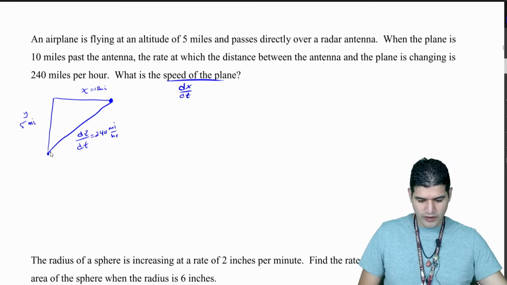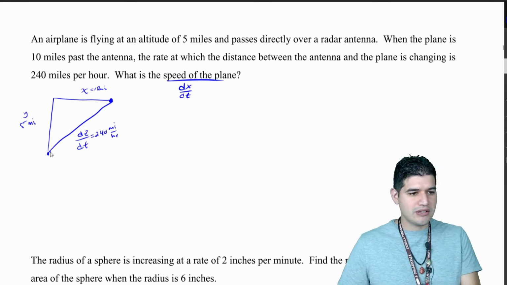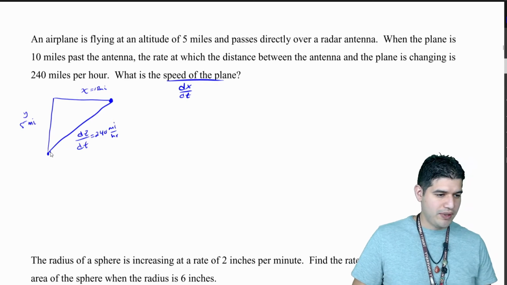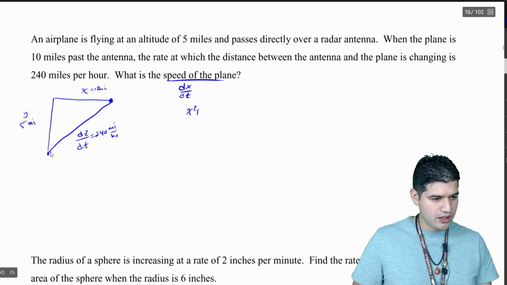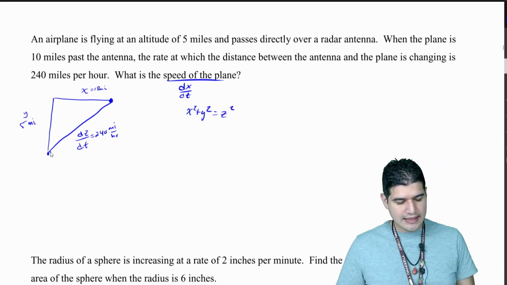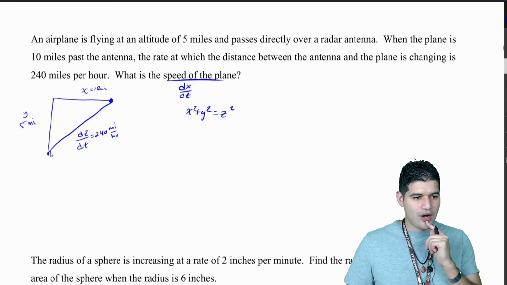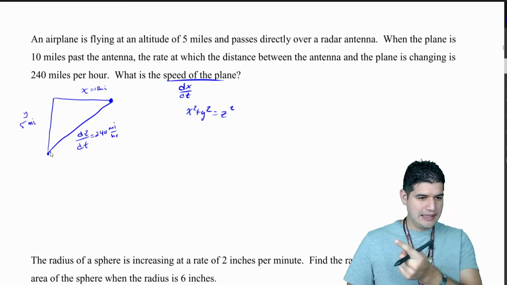All right, so what relates all those 3 things is the triangle. So I'm thinking Pythagorean theorem, and that's going to be x squared plus y squared equals z squared. Actually, what I want to do is figure out what z is going to be first.